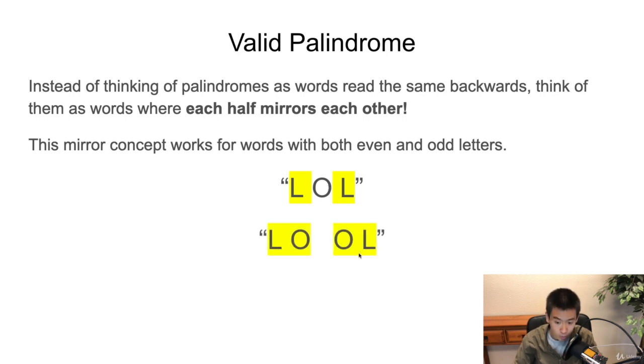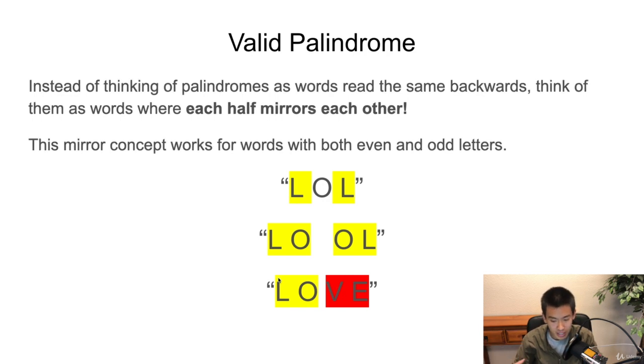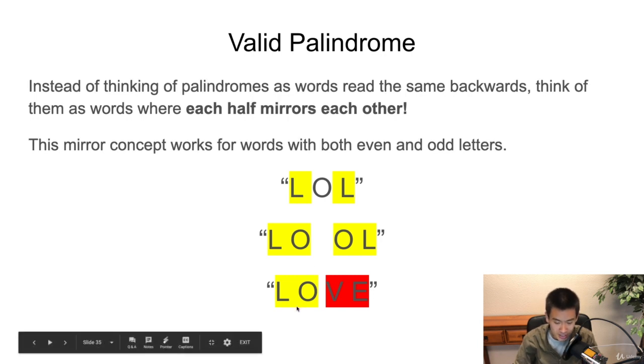For LOL with two O's in the middle, the left half is the mirror of the right half. Whereas for love, it doesn't read the same backwards and forwards, and LO is not a mirror of VE.